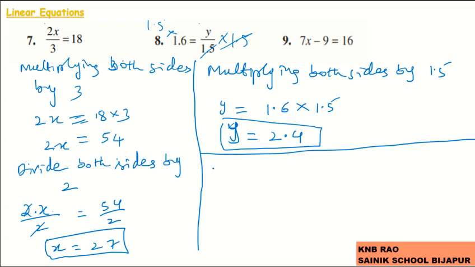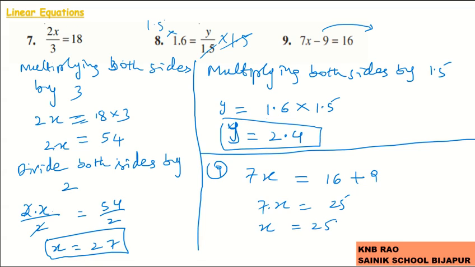Now coming to the question number 9, first I'll transpose 9, which gives me 7x equals to 16 plus 9. On simplification it becomes 25. Now 7 is multiplying, if I transpose that, it comes and divides 25. So x equals to 25 by 7 will be the solution of question number 9.